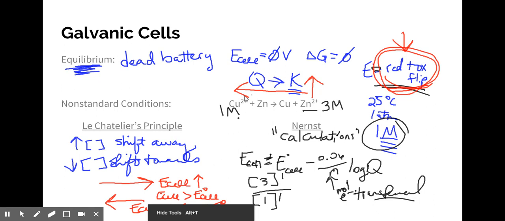So since I am shifting towards my reactants, that is going to cause my E cell value to decrease. Okay, so this is how you work Le Chatelier's principle. Remember, if only one concentration is changed, not the other, from 1 molar, I can always use Le Chatelier. But if I change both concentrations, or if I need to justify with calculations, I have to use the Nernst equation for that.